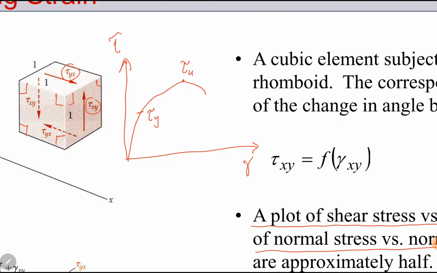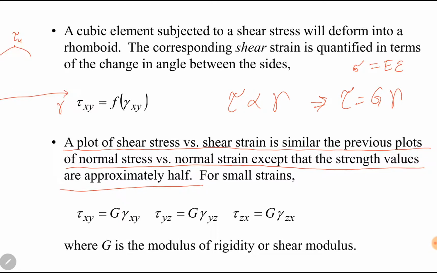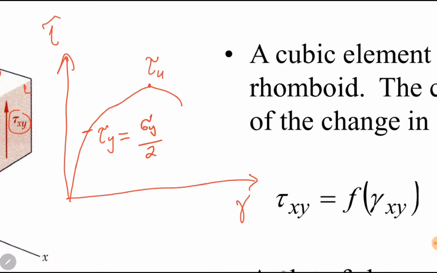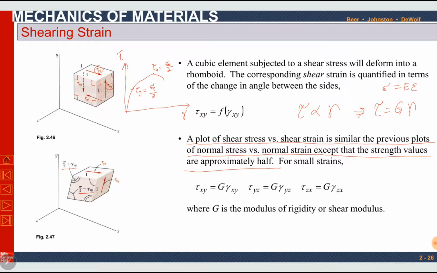But the important thing is that the strength values are approximately half. This tau y, the shear yield strength, is almost half of sigma y. Similarly, ultimate shear strength is almost half of ultimate normal strength. The rest of the shape of the diagram is almost the same.